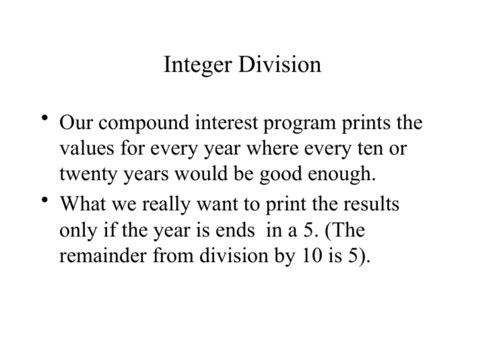If that remainder is 5, then we know that year ends in a 5. This approach makes our output much more targeted and relevant, especially when we're interested in key points in time rather than every single year. It connects nicely with our overall goal of making the data more manageable and meaningful.